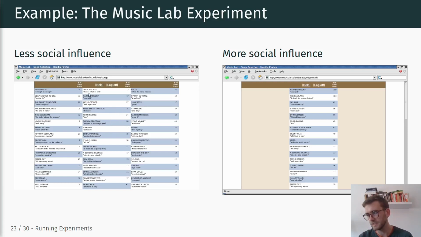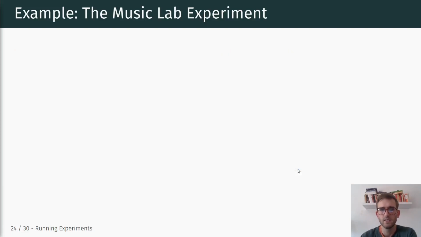The point is that here in the less social influence condition, the songs are not ranked by download counts, and they're just in random order. And so there is some social cue, but it's less strong. Whereas here you have just one leaderboard, and you see the songs that are downloaded most times at the beginning, and then in descending order, right?